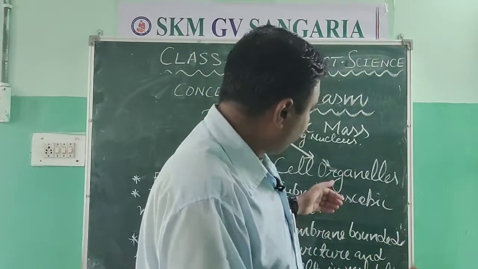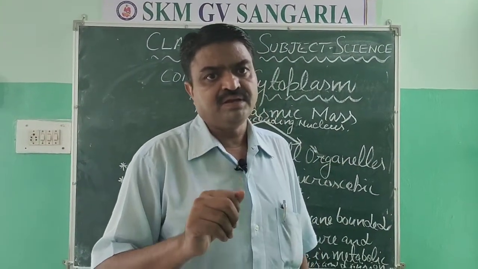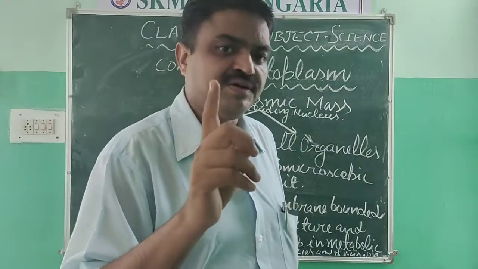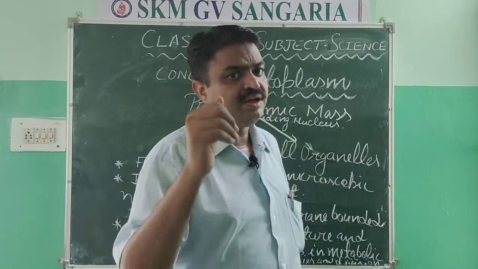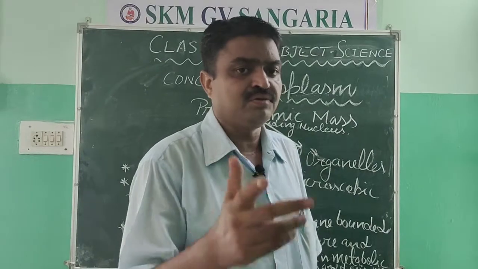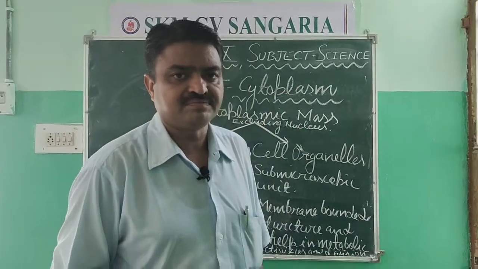And now we come to the examples of the cell organelles, and we will study them one by one in detail. Now I want to tell you the names of some cell organelles, and you know them very well because you have read them in your 8th class.